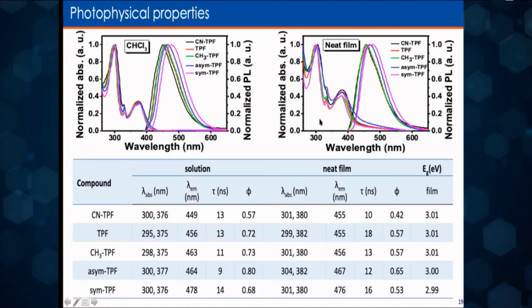When you make a film, it shifts further, because going from a conjugated polymer solution to the film spectra, you essentially planarize the conjugation and often see a red shift in absorption and emission. We observed similar things for these materials, and the emission shifted further down. So we could get wide bandgap semiconductors, and the quantum yields were also decent for some of these materials.